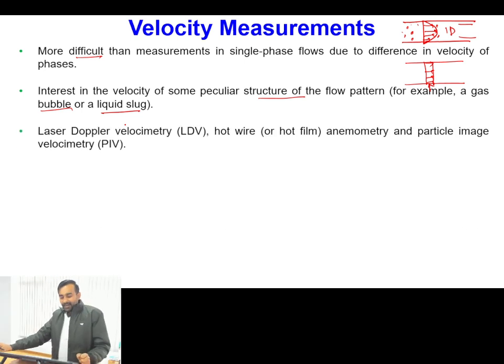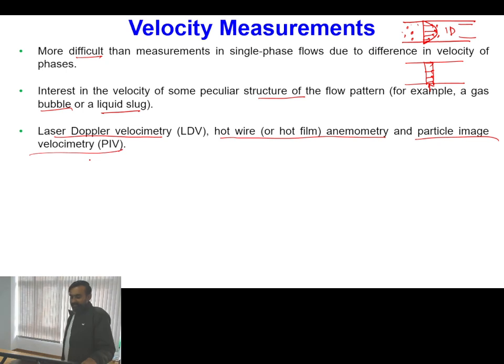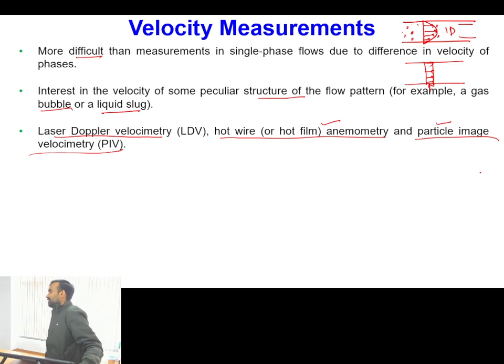So the advanced velocity measurement techniques which we can employ include laser Doppler velocimetry, hot wire anemometry, and particle image velocimetry. Among these techniques, hot wire anemometry and particle image velocimetry are suitable for multi-phase flow applications.